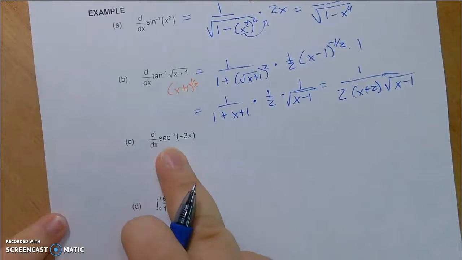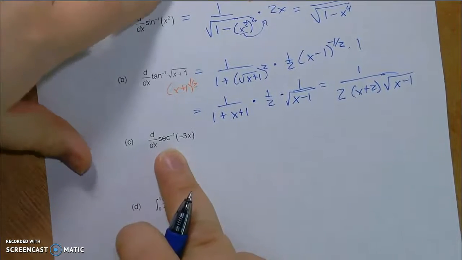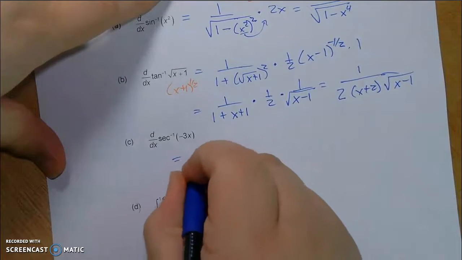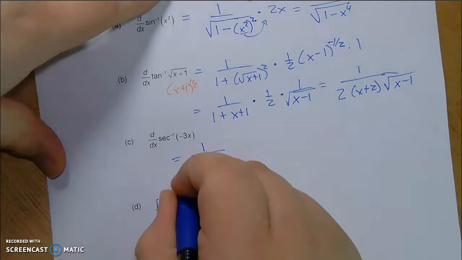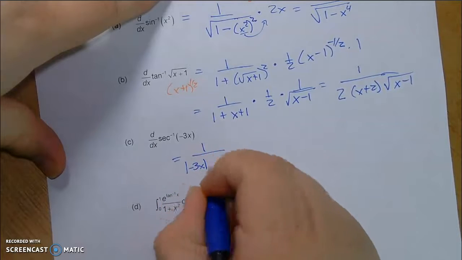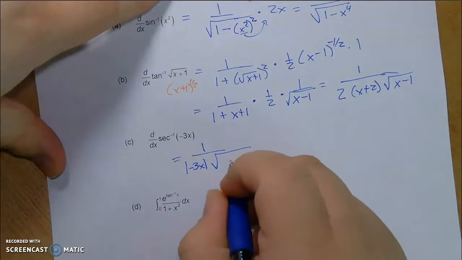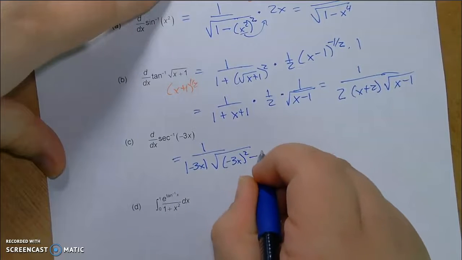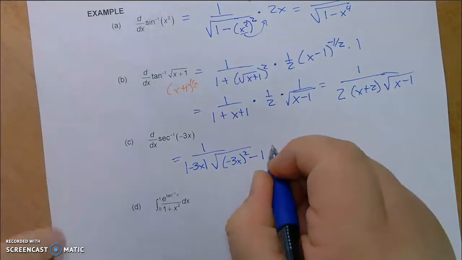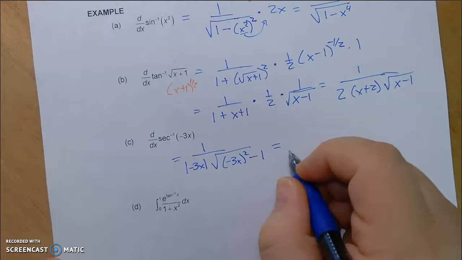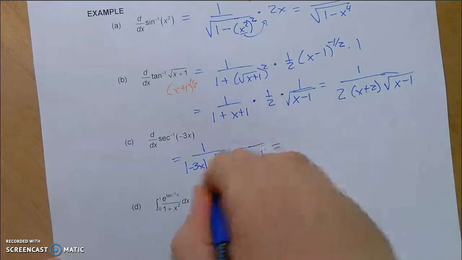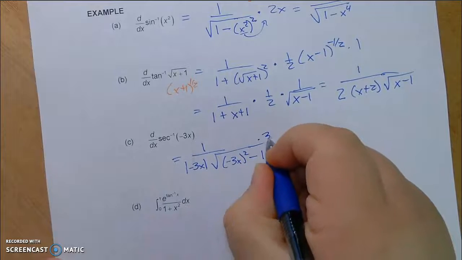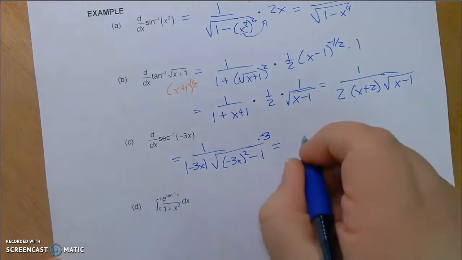Secant. Okay, so this is the complicated one. We're going to do 1 over the absolute value of the inside, absolute value of negative 3x, times the square root of the inside squared minus 1. Simplify. Oops, chain rule. The derivative of negative 3x is negative 3, so negative 3 on top.